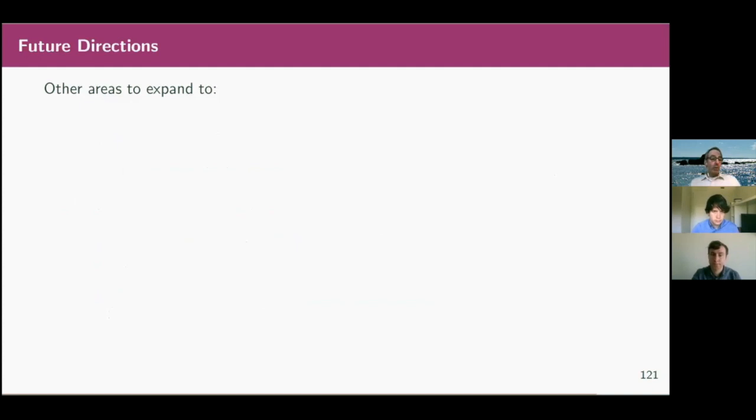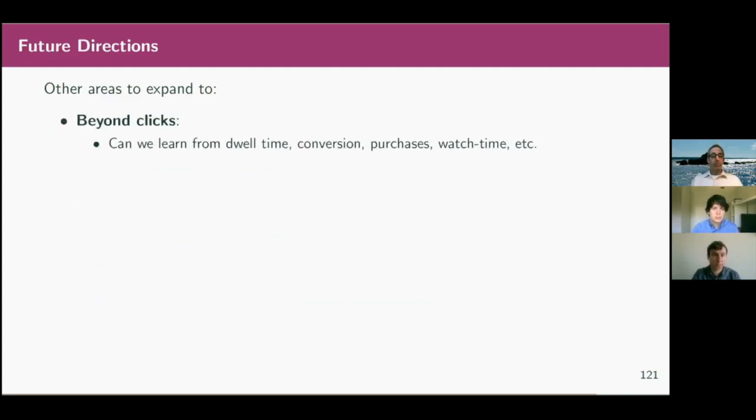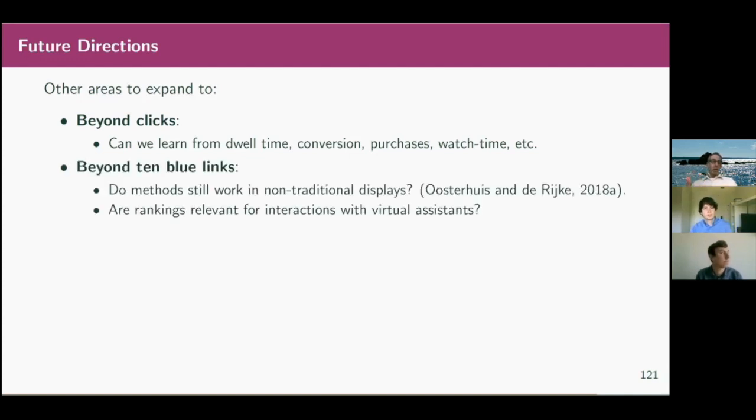Some other future directions, as I said, think of different environments, different devices that come potentially with different signals, not just clicks, but dwell time, conversions, purchases, watch time, scroll time, view time, etc. Then another area would be those non-traditional displays that we briefly mentioned a few slides ago.